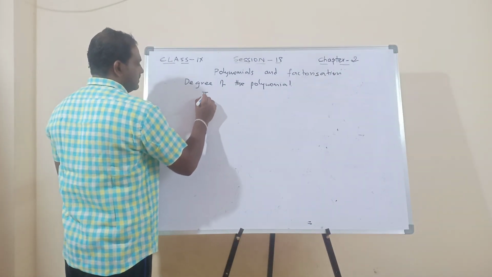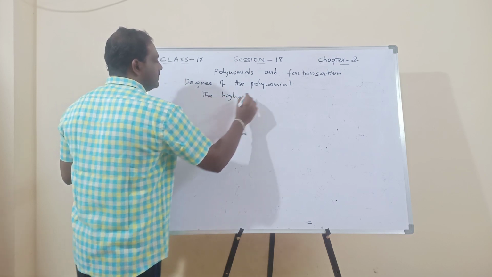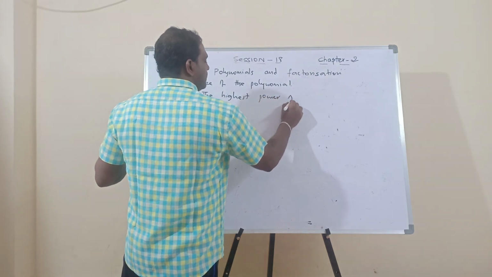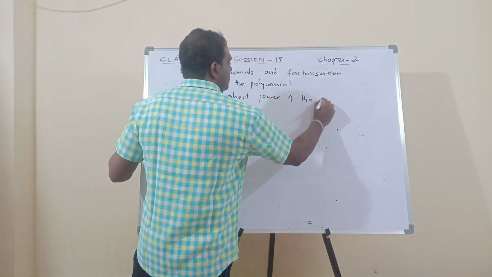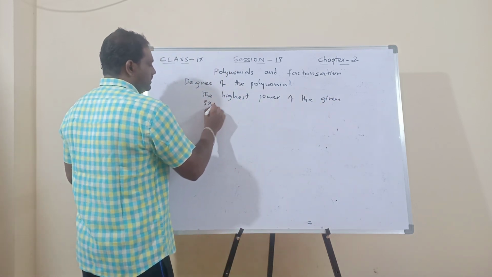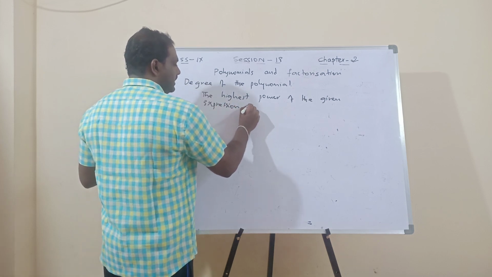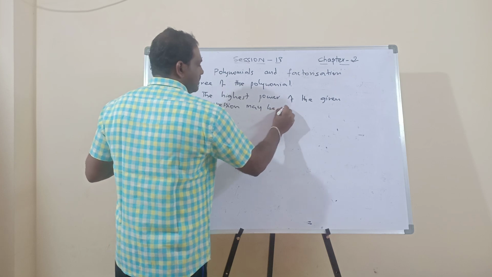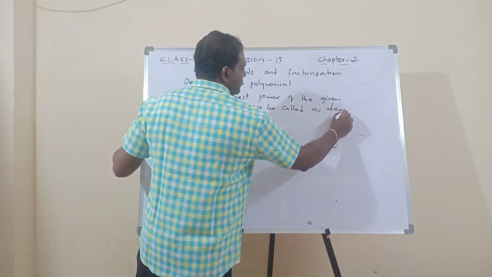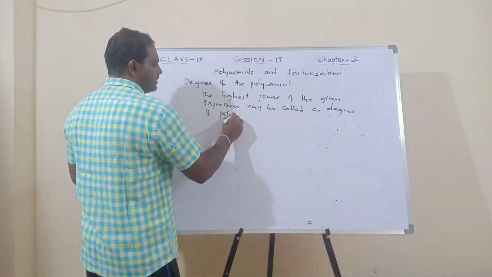The highest power of the given expression may be called as the degree of the polynomial.